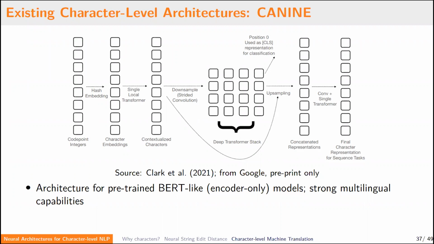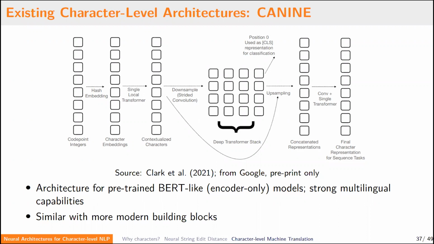The model that they get from this architecture shows really strong multilingual performance. So they use it for a multilingual representation model, and it uses quite similar building blocks as the previous architecture, except that they are more recent or more modern.